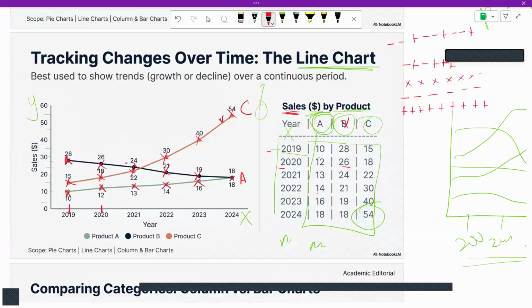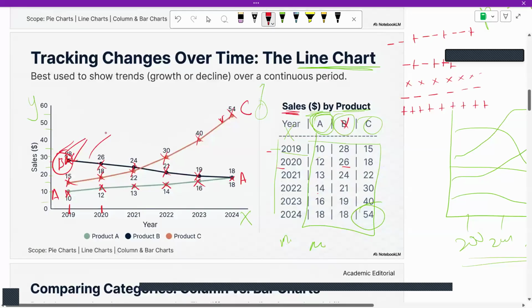This kind of pattern we can see, so we can take decisions. Products B and A need a lot of advertisement, or product B has to be restructured, or they have to investigate the market and the competition in the market. So this is how we can take some decisions.